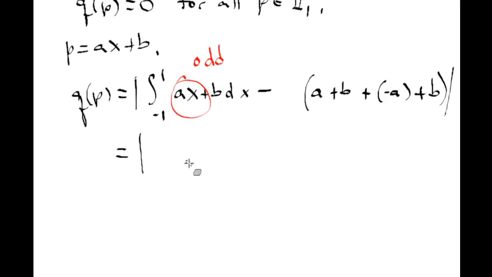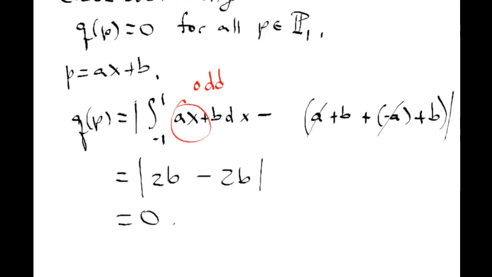Now we should see that this does work out as I had originally intended it to. But this will be 2b. And here the a's cancel, and we get also -2b. So it's 0. Good.